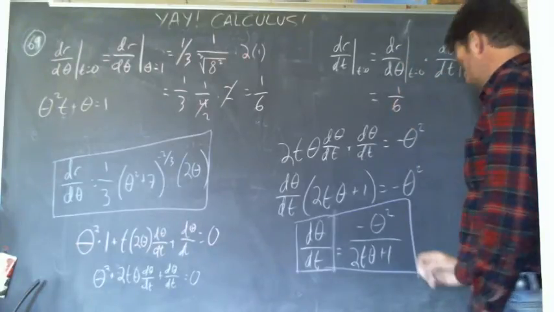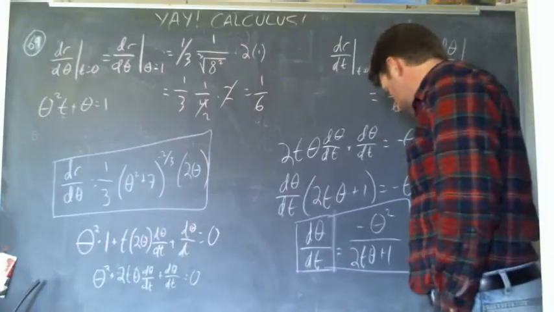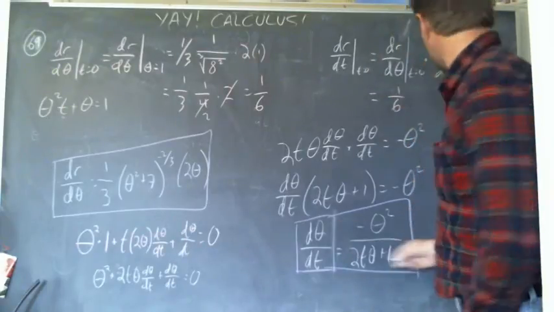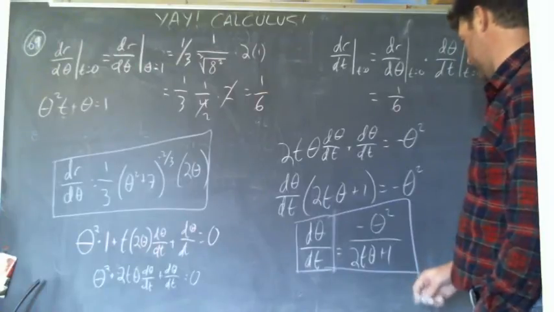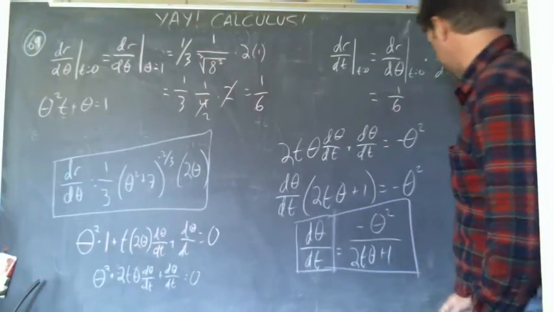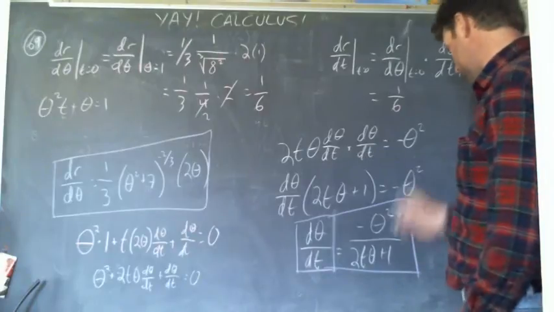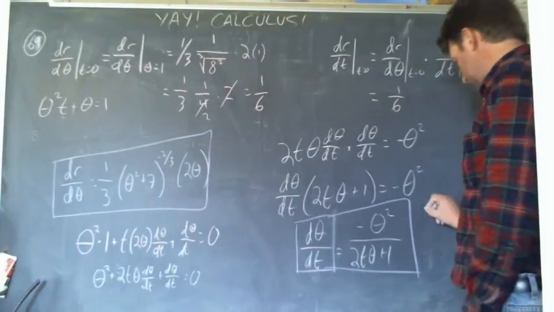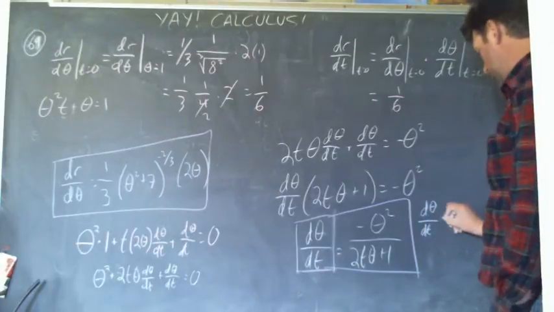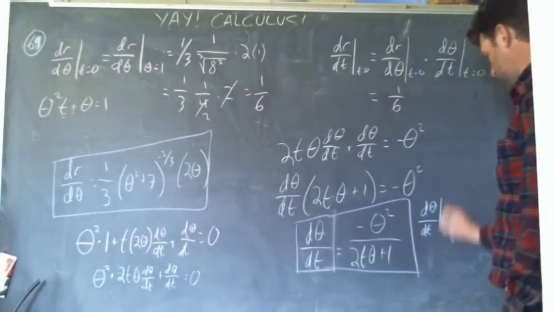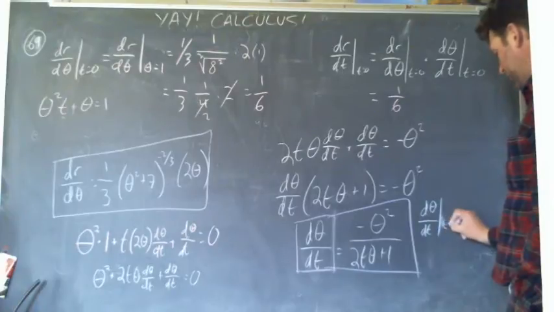Now d theta/dt at t equals 0 is also in terms of this. So t equals 0. So d theta/dt at t equals 0.